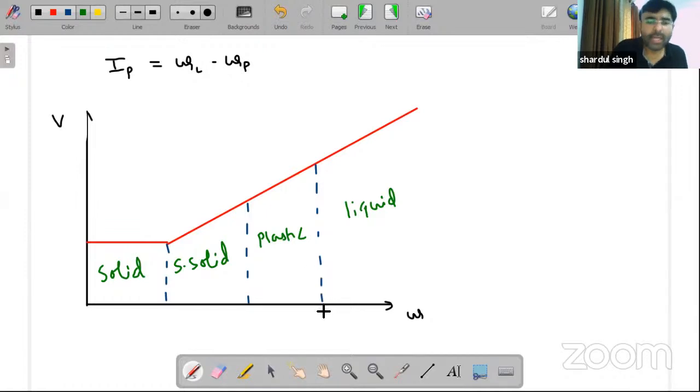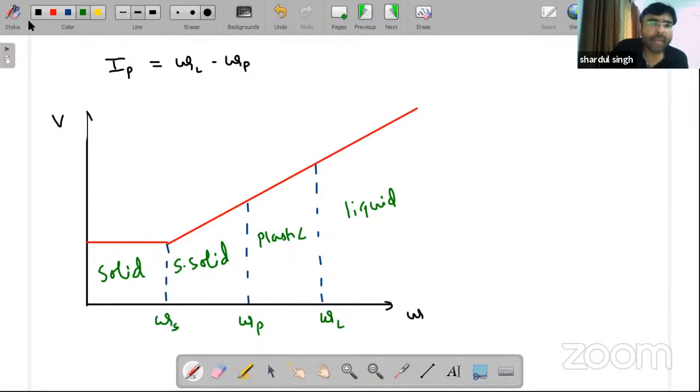The water content after which the soil will behave as liquid was the liquid limit. The water content range in which the soil will behave as plastic is between the liquid limit and plastic limit, and here it will be your shrinkage limit.